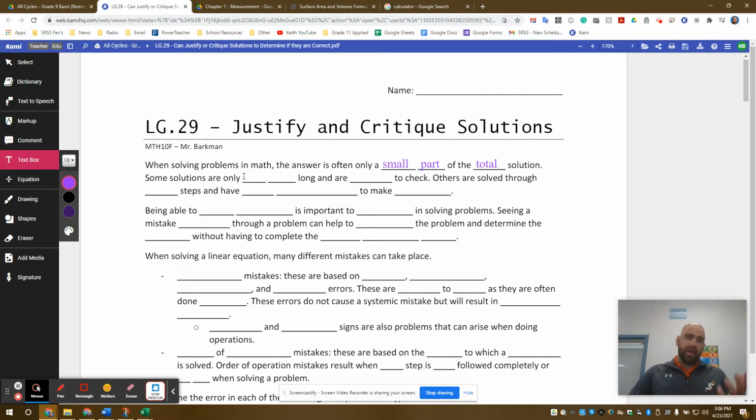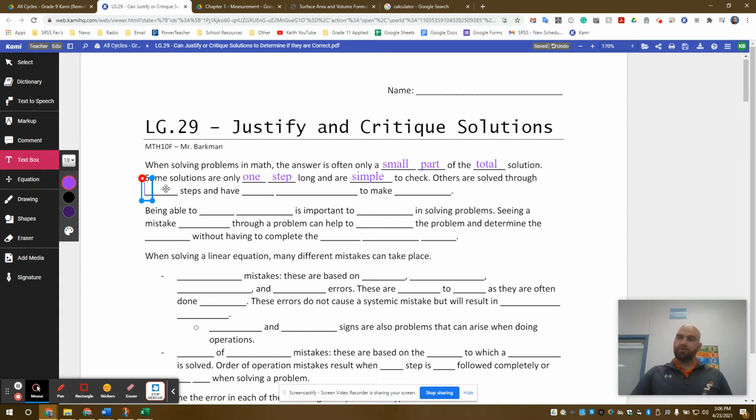Some solutions, as I mentioned, are only one step long, and they are simple to check. If I tell you that 4 times 6 is 20, well, you can check that because you know that 4 times 6 is actually 24. That's a simple check.